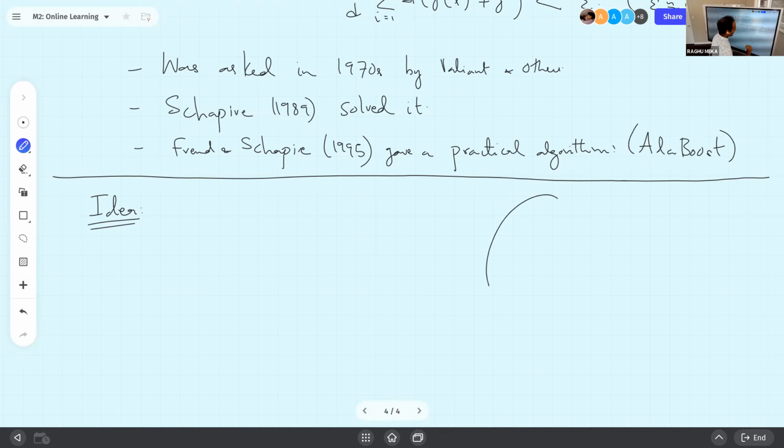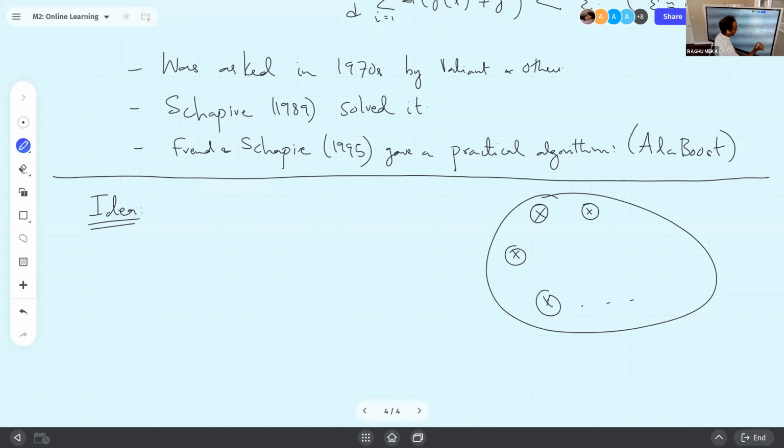Imagine this is my whole data set. This is 0.1, 0.2, 0.3, 0.4, and these are my D examples. So really just a set.